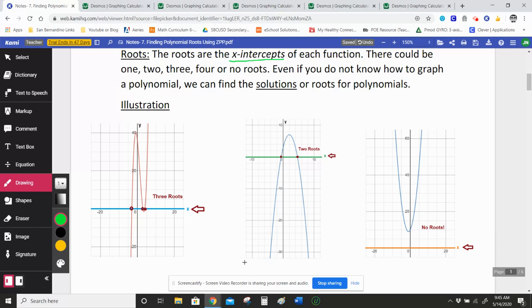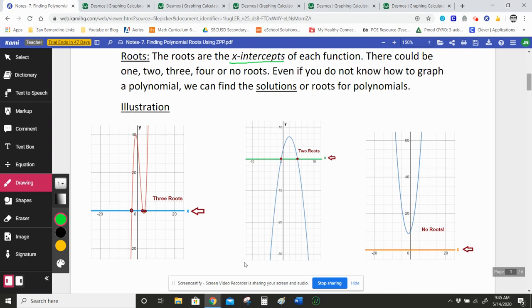For example, the first graph has 3 roots, 1, 2, 3, because it touches the x-axis 3 times. The second example has 2 roots or 2 x-intercepts because it touches the x-axis 2 times. The last one has no roots or no solutions, no x-intercepts, because it does not touch the x-axis at all.